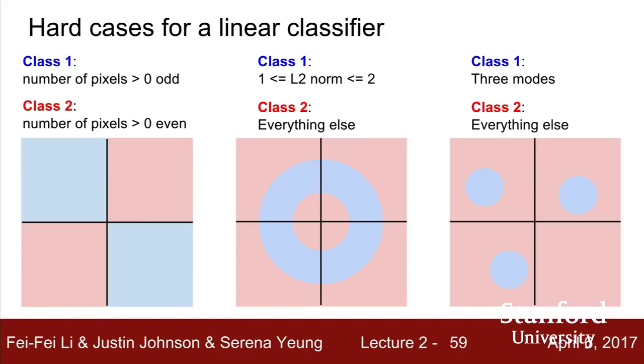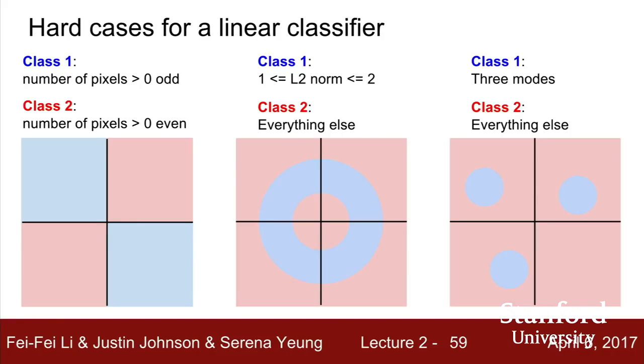This would be an example where a linear classifier would really struggle. And this is maybe not such an artificial thing after all. Instead of counting pixels, maybe we're trying to count whether the number of animals or people in an image is odd or even. This kind of parity problem of separating odds from evens is something that linear classification really struggles with traditionally.